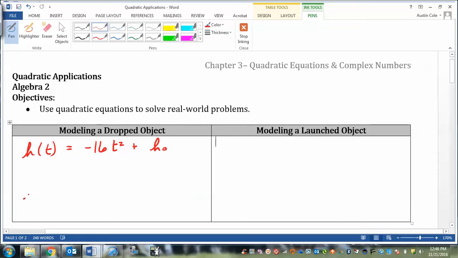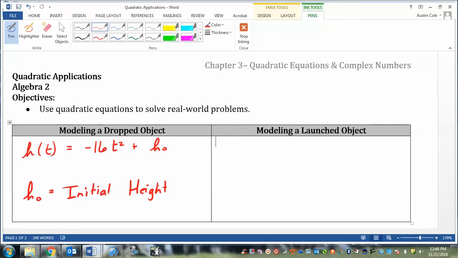Basically, h naught, an h with a little subscript 0, is our initial height. So how high are we dropping it from? Because would you guys agree with me that the height of a certain object after a certain time all depends on how high it starts? It's going to take something a lot longer to hit the ground from 50 feet as it would 10 feet.